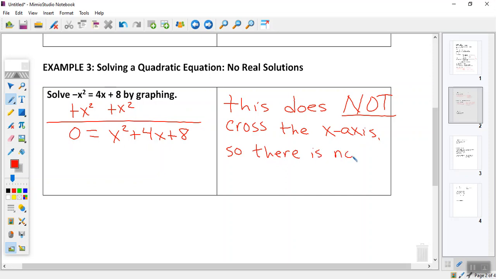And I'm going to write it as no real solution because it turns out there's actually imaginary solutions, which we'll talk about way later in the chapter. But there it is, kids. This does not cross the x-axis, therefore, no real solution.